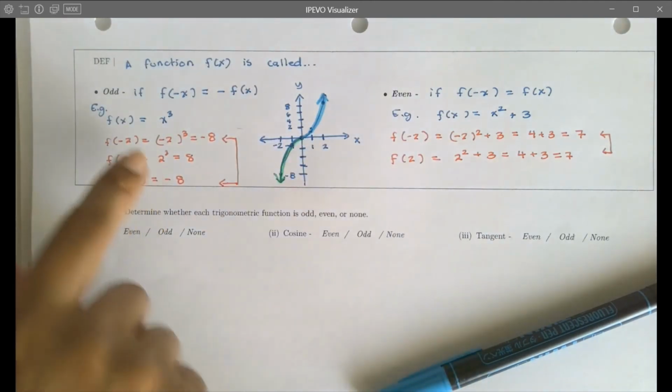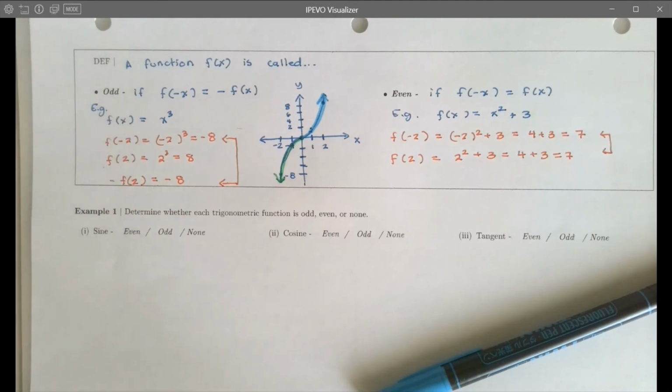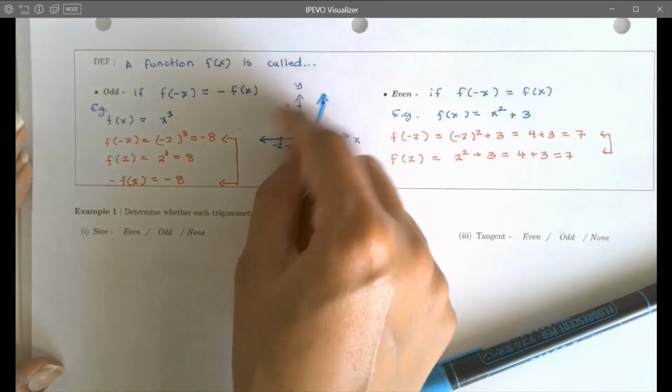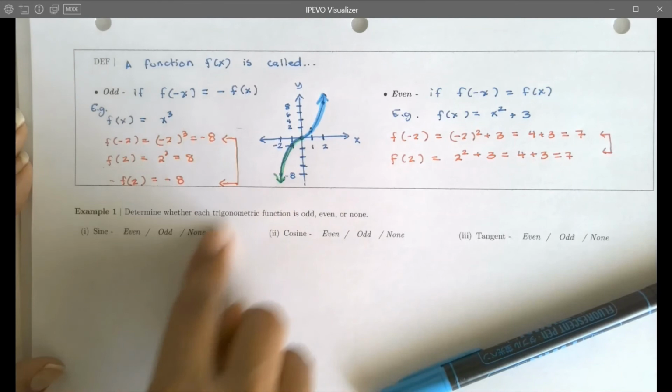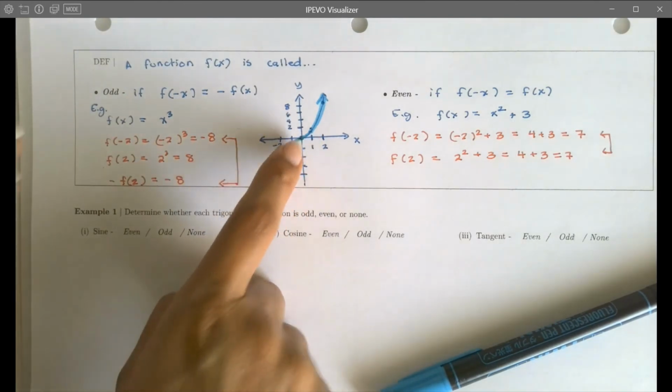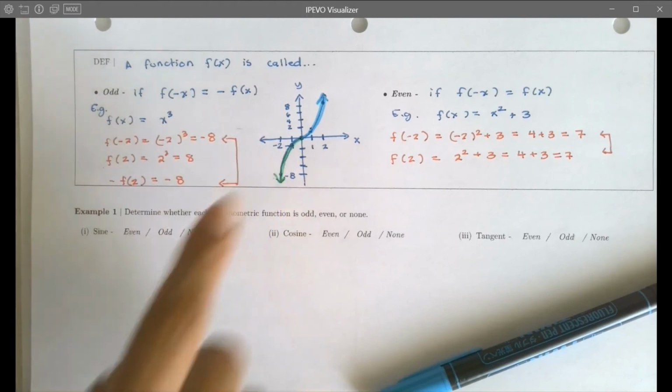And that's going to be true about any function that is odd. If you take that part that is up in the positive direction, it's going to rotate down across the opposite quadrant, and it's going to rotate in that direction.